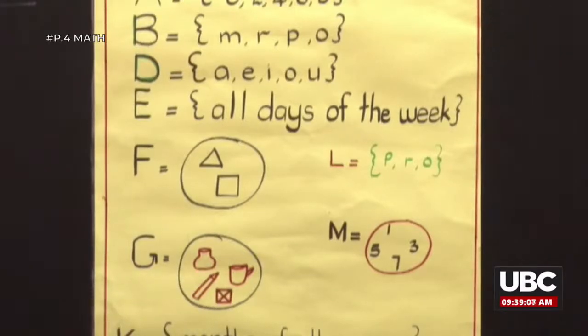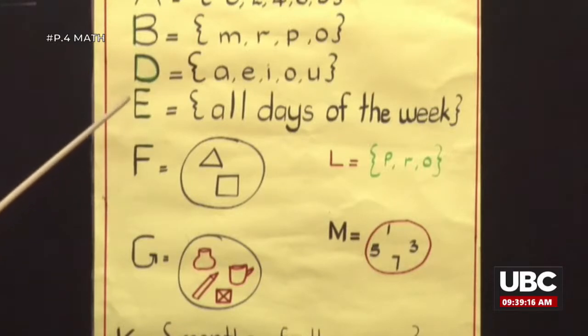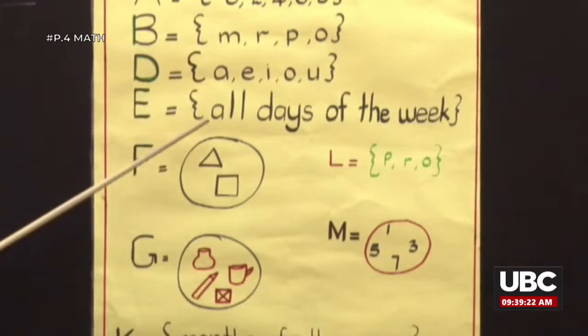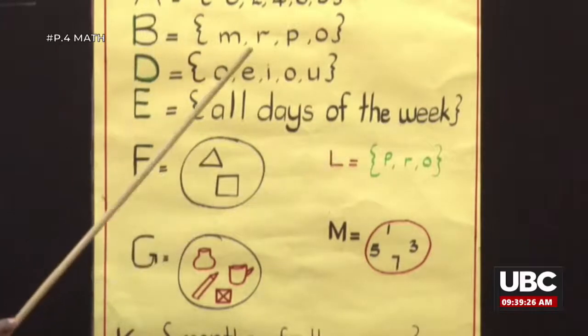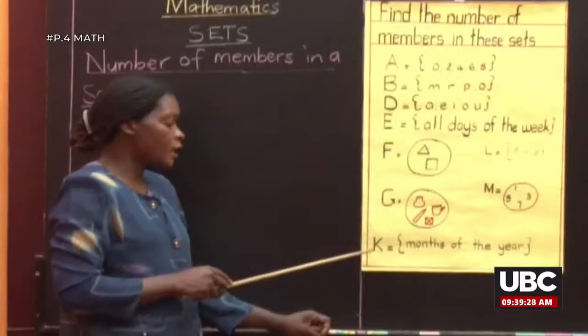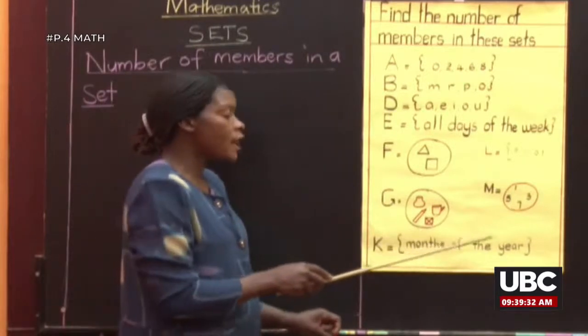Our sets K and E are special in their own ways. In set E, the members are all days of the week, and in set K, the members are months of the year.